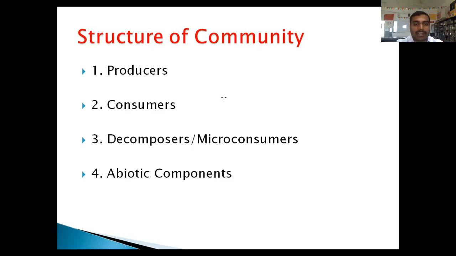These inorganic components circulate in the ecosystem, like the carbon cycle, phosphorus cycle, sulfur cycle, etc., and these are essential parts of the community, and hence these are also abiotic components of the community.